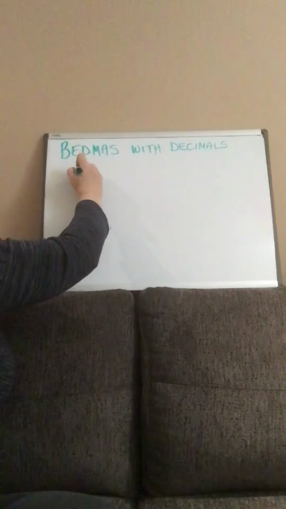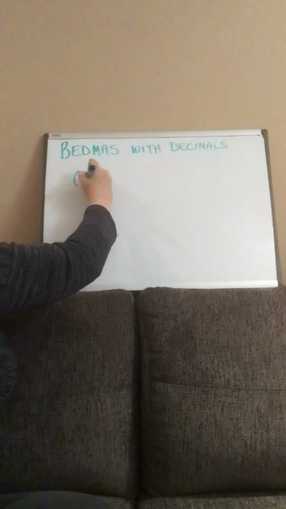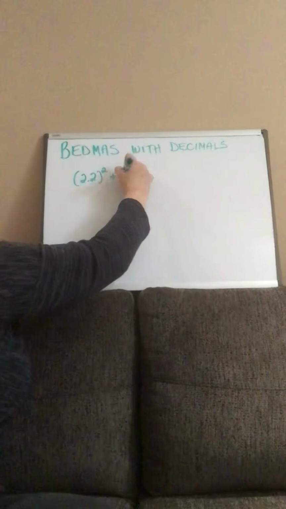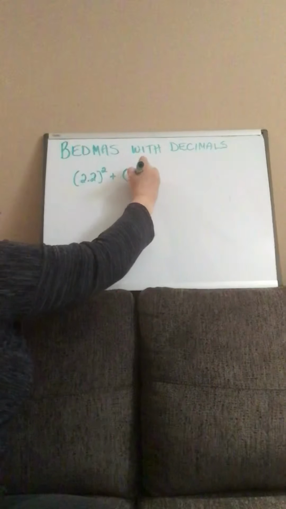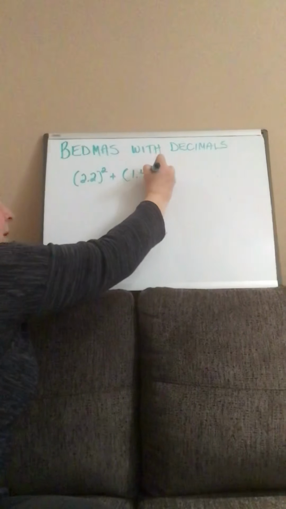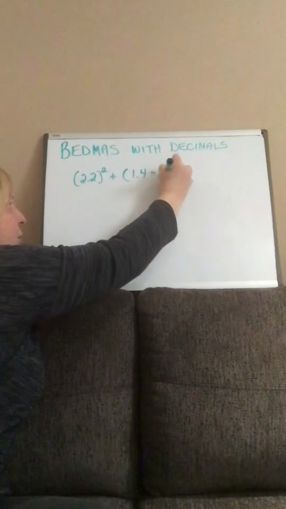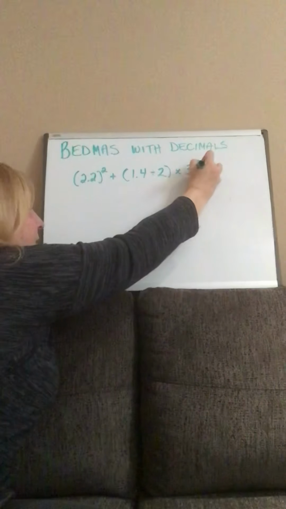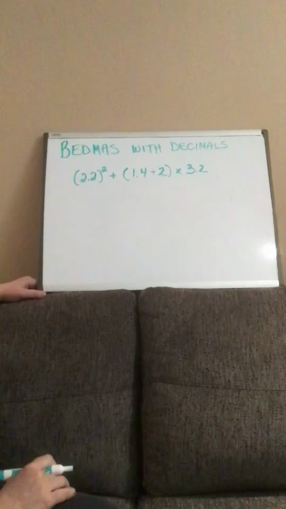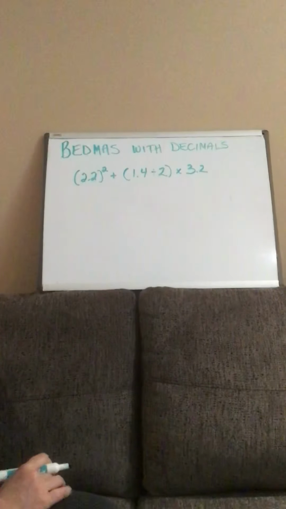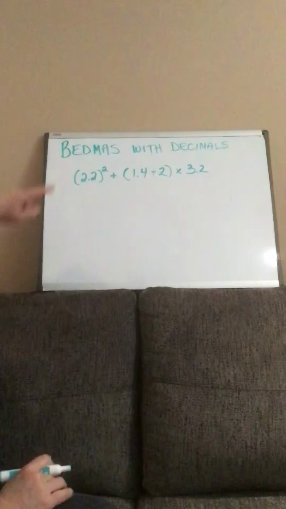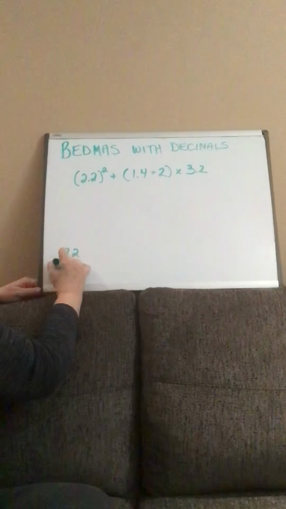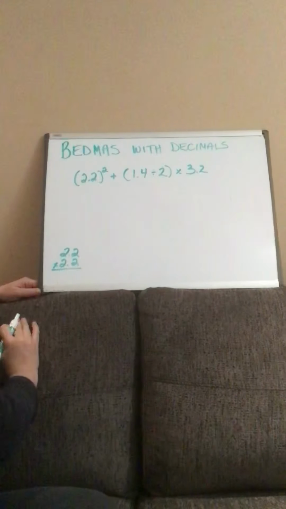So I'm going to say that I have 2.2 squared plus bracket 1.4 divided by 2 times 3. Let's make it 3.2. So, a reminder, when we do 2.2 squared, that becomes 2.2 times 2.2.